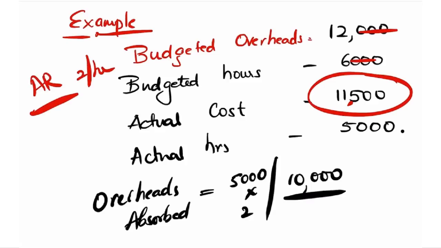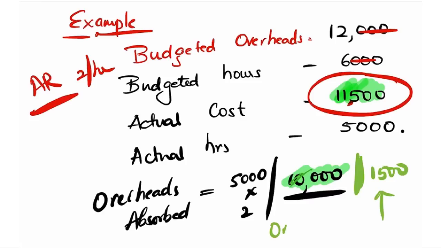Your overheads absorbed is 10,000, whereas your actual overheads is 11,500. Therefore, the difference of 1,500 I have absorbed less, we call it as under absorption. Vice versa would have been an over absorption. Thank you.